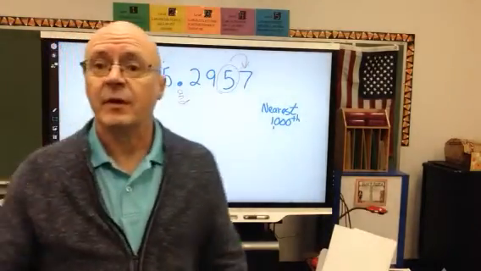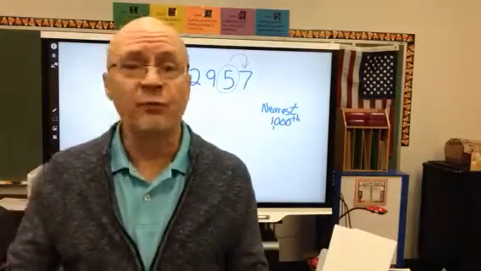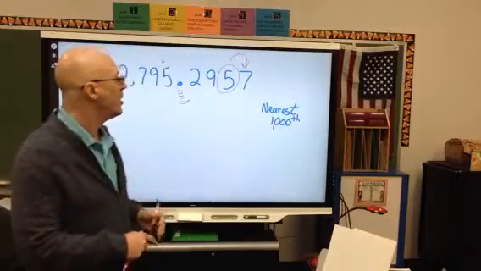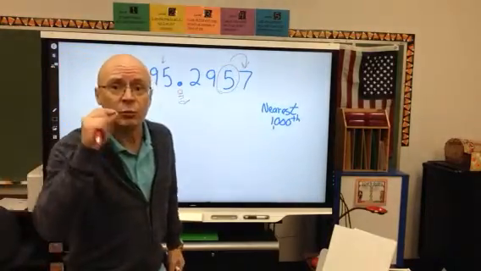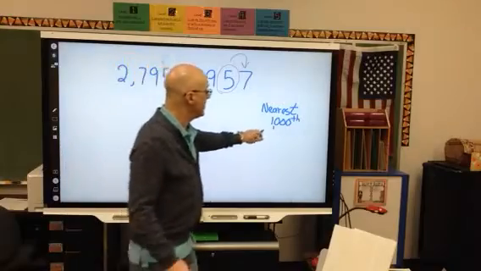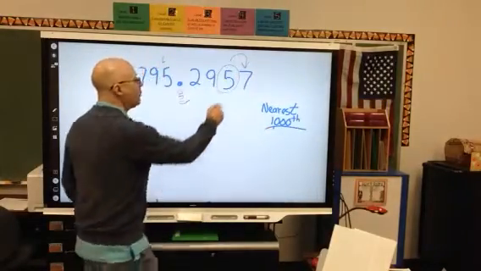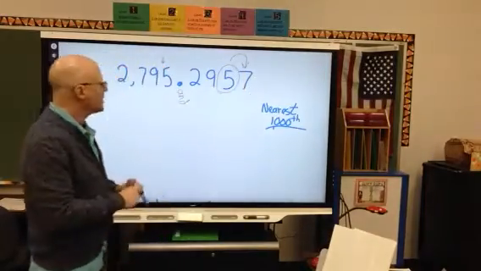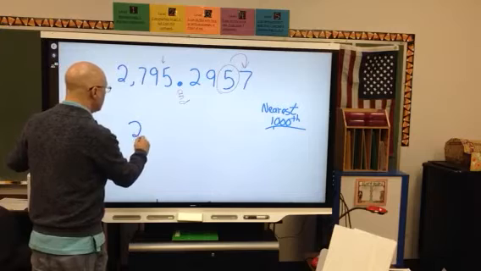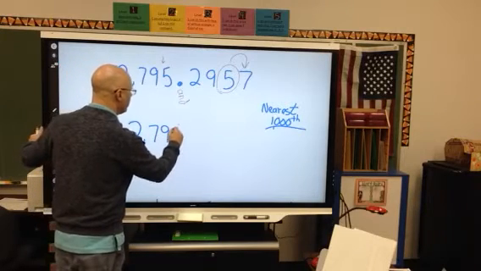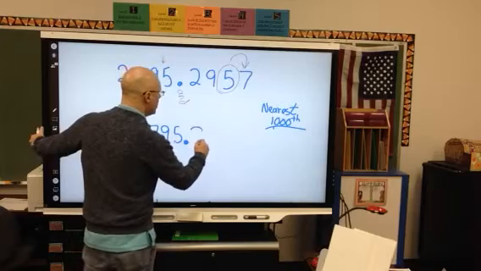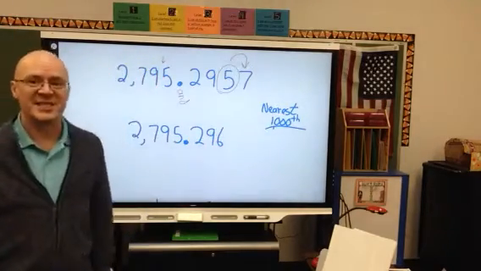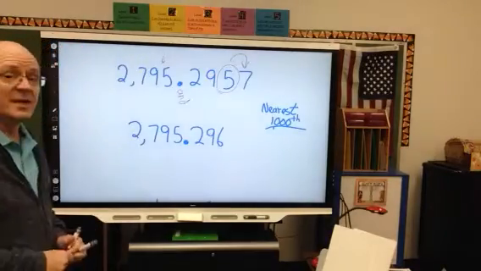We're going to ask that 7, are you 5 or more or 4 or less? 7 is 5 or more, so we're going to add one more to the place that we are rounding to. This guy's going to go away. So our final answer is going to be 2,795 and 296 thousandths.